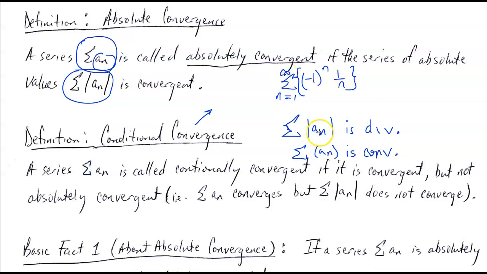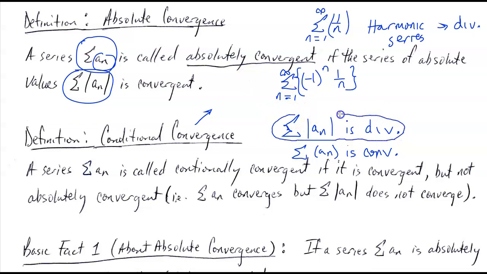Again, if I were to do the series with the absolute value of a sub n, then we would basically be stripping out this (-1)^n here, and we would just be considering this particular series here. And of course, by definition, this is the harmonic series, which is divergent. So we know that.